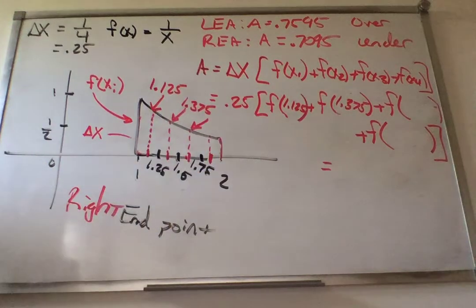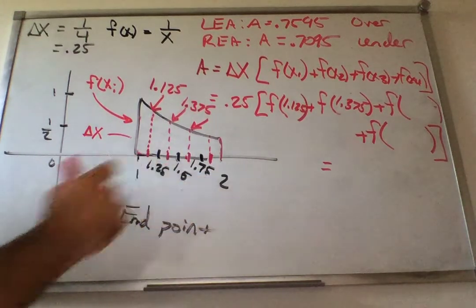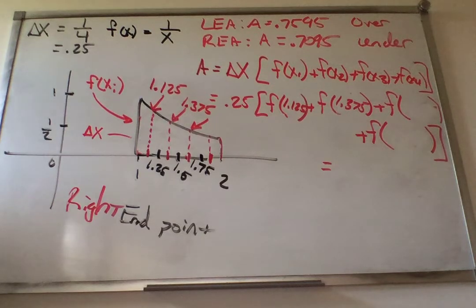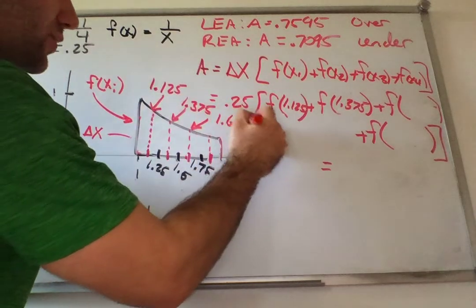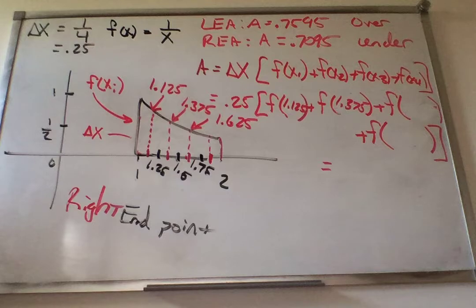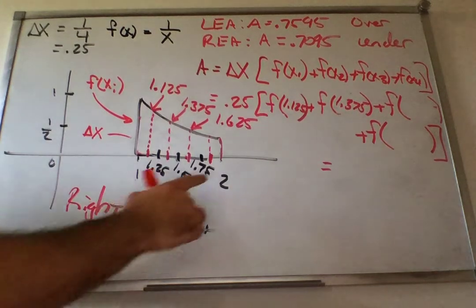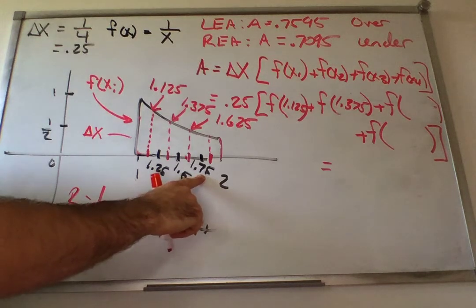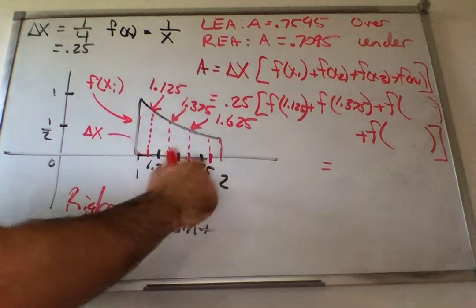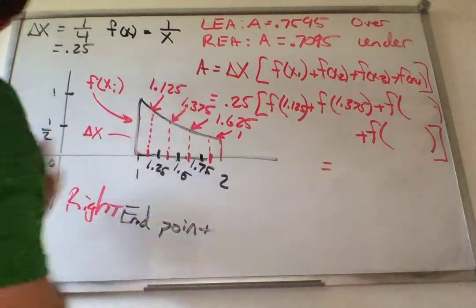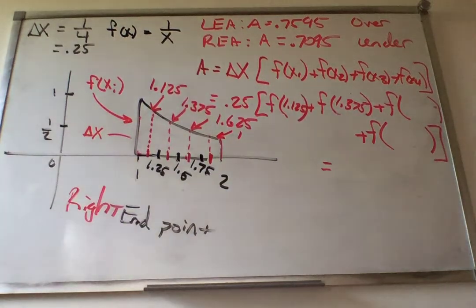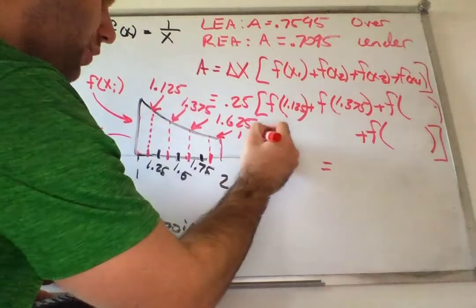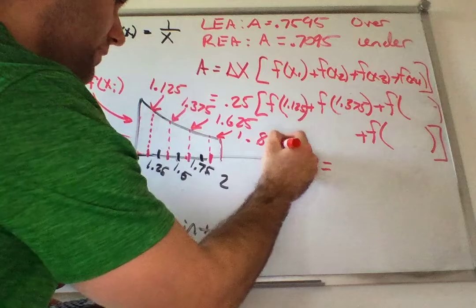Do it for the next one. 1.5 plus 1.75 is 3.25. 3.25 divided by 2 is 1.625. Okay, we got one more. 2 plus 1.75 is 3.75. 3.75 divided by 2 is 1.875.